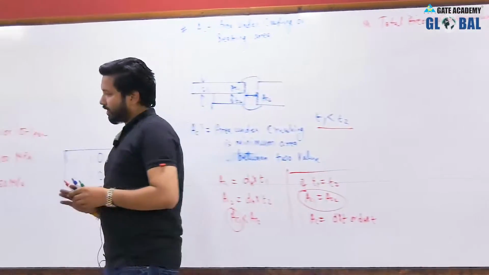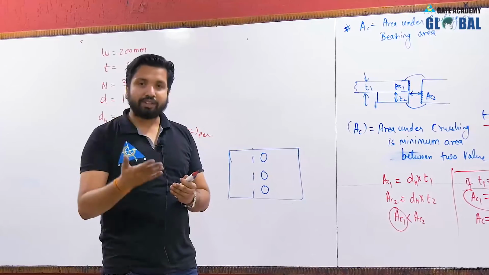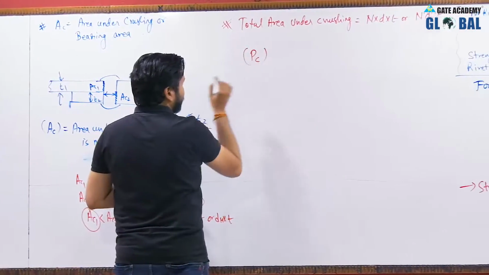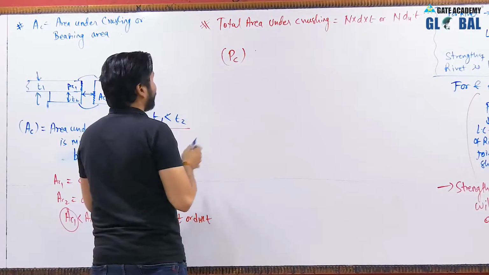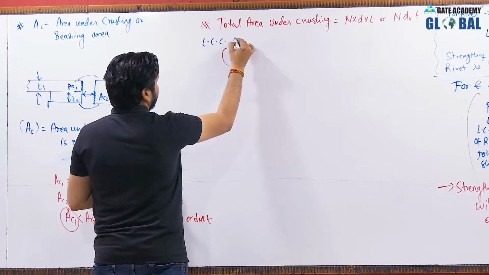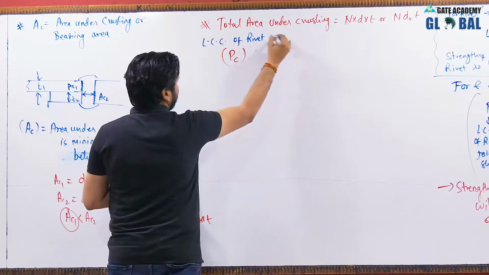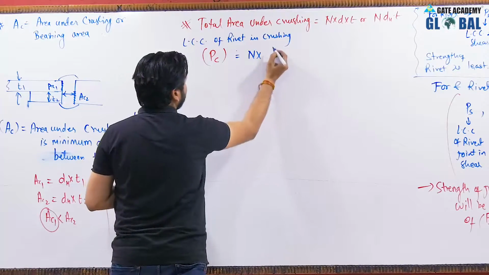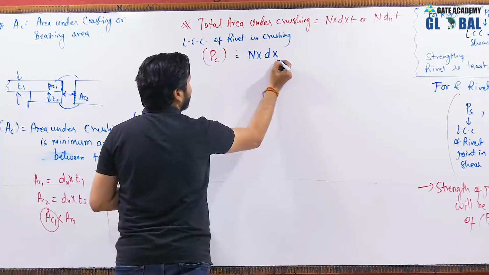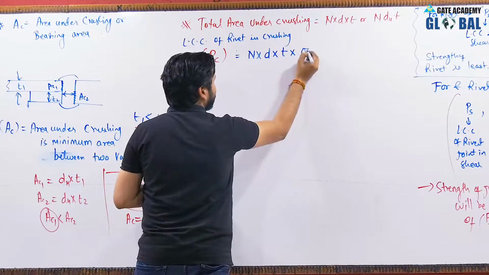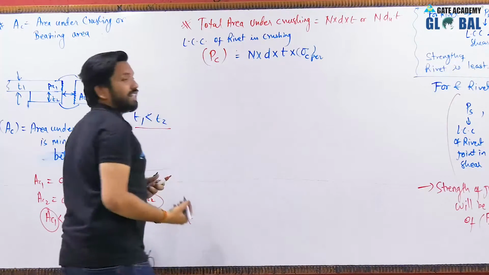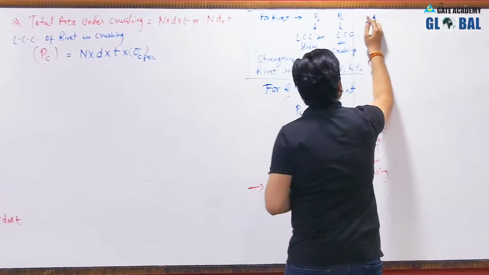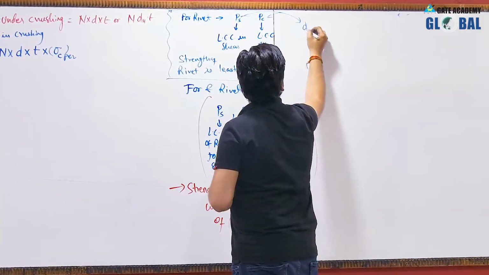So here in this question we have to calculate the crushing strength of the rivet only, not the riveted joint, hence the crushing strength or the load carrying capacity in crushing for rivet, LCC of rivet in crushing, will be equal to number of rivets into the diameter of rivets into the thickness of plate into the crushing strength or the permissible crushing stress. Clear?